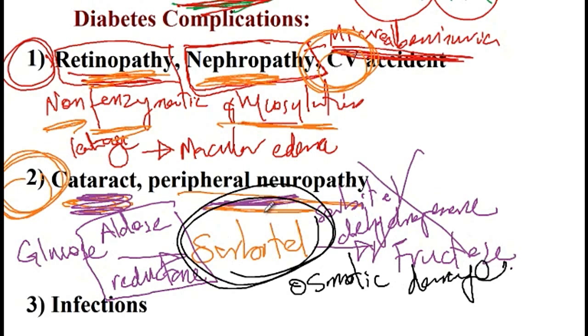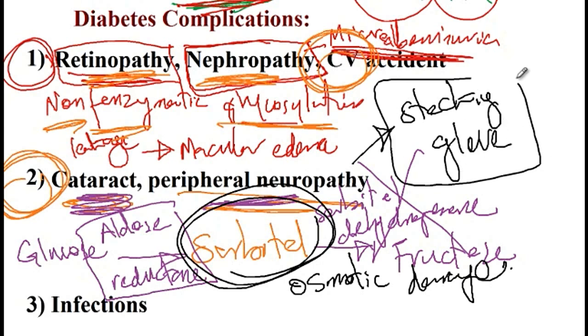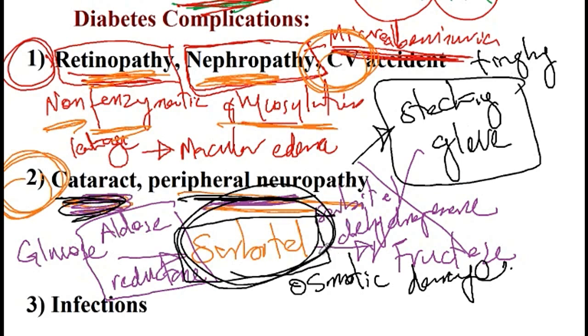For instance, there would be swelling of the lens fibers, or there would be neuronal death in these patients, as a consequence of which they would develop stocking and glove loss of sensation, or they may alternatively present with a tingling sensation in the extremities. So again, keep in mind that cataract and peripheral neuropathy are due to the buildup of sorbitol, which is produced from glucose via the enzyme aldose reductase.